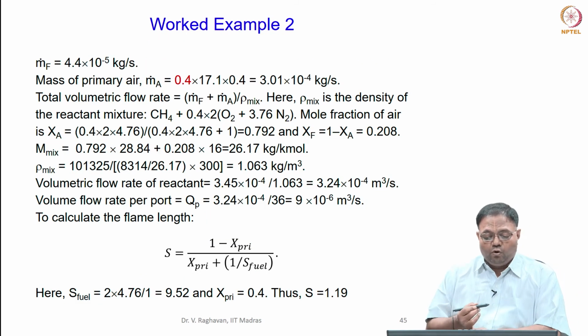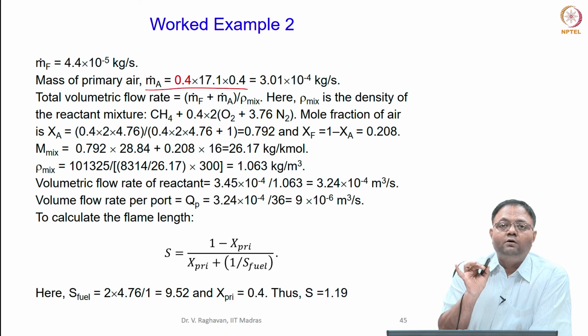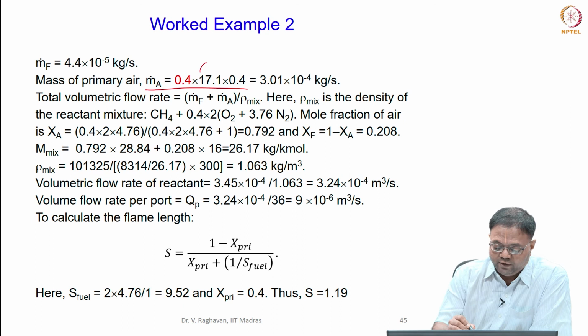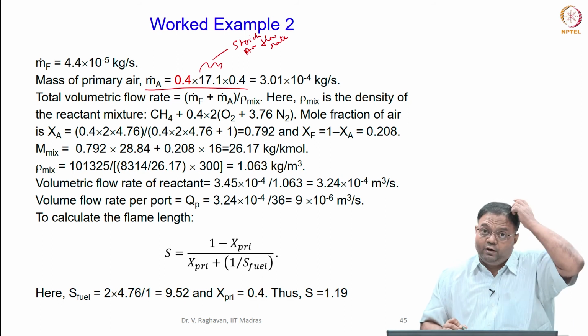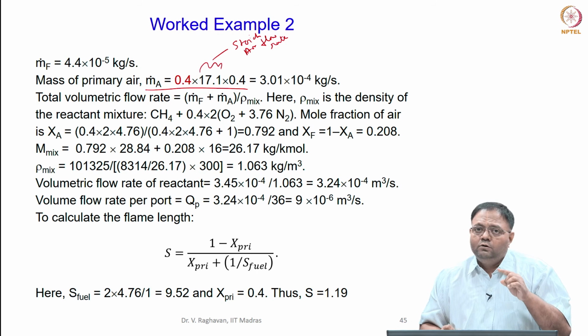Then the mass flow rate of oxidizer. I want 40% primary air. I know 17.1 is the stoichiometric air flow rate. For 1 kg of methane, I need 17.1 kg of air.